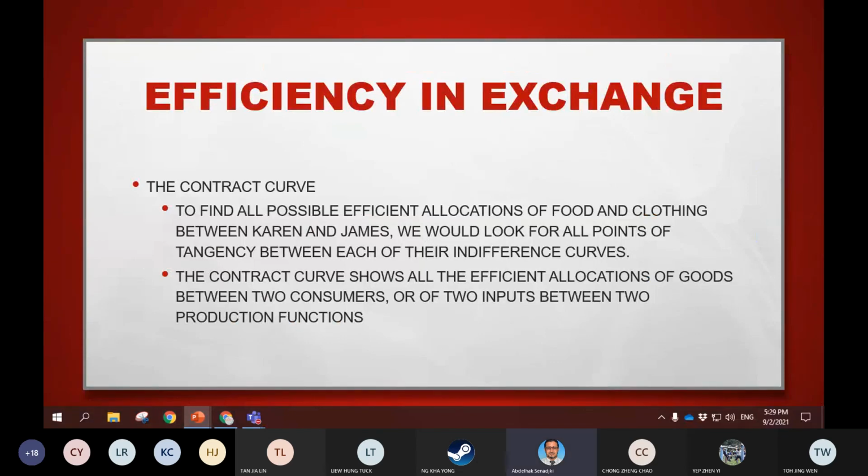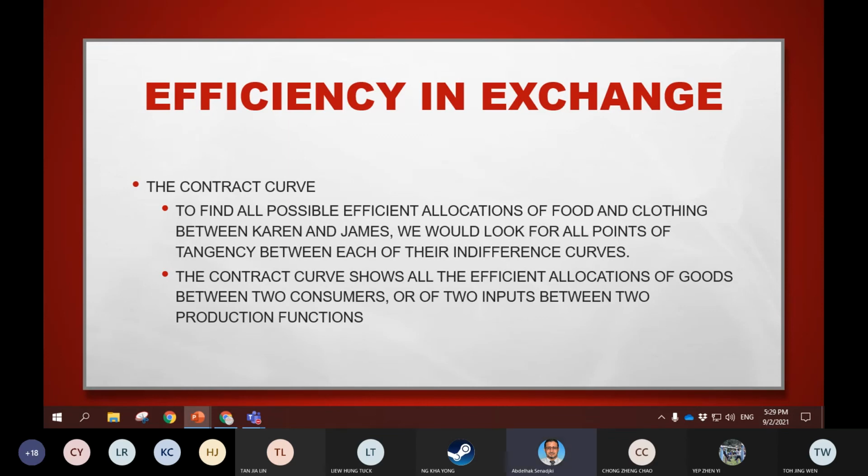So now we talk about another concept, what we call the contract curve. We have seen that from the initial allocation, many possible efficient allocations can be reached through mutually beneficial trade.